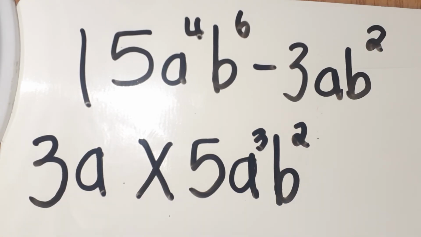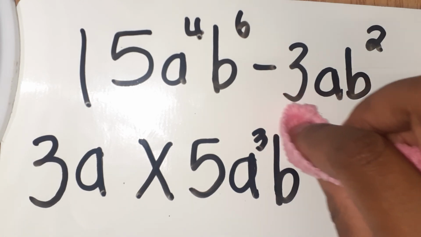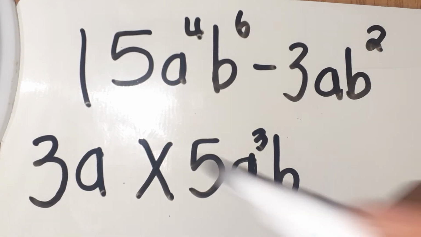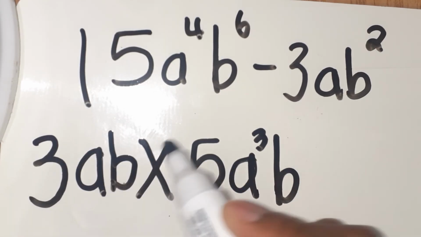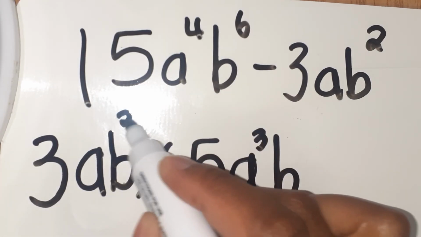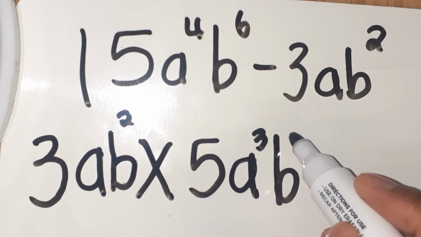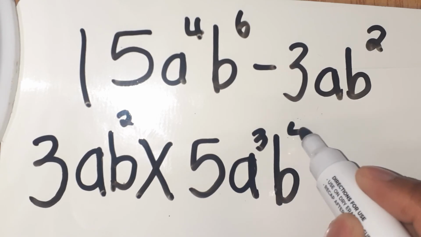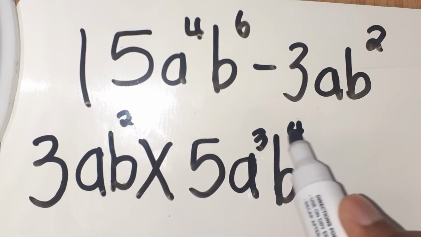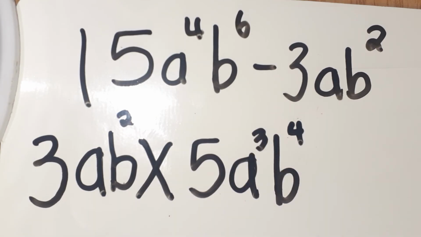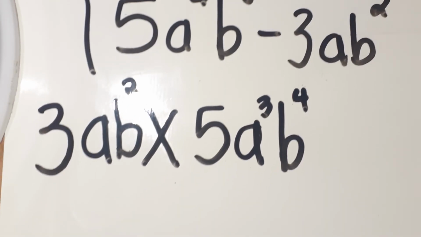And then we can have this b here. It's 6, so we can have squared. And then on the b, this side, we can have it as 4. Because when we add these b's, you have to distribute these exponents as well. When we add them, they're going to give us 6, right?